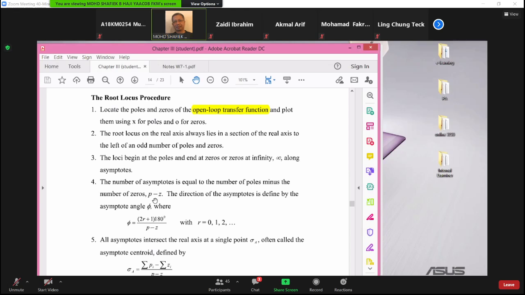Therefore, we're going to have 2 asymptotes. The asymptote angle can be computed using the expression (2r+1) multiplied by 180 divided by p minus z. Since we have 2 asymptotes, we use r equals 0 and r equals 1.